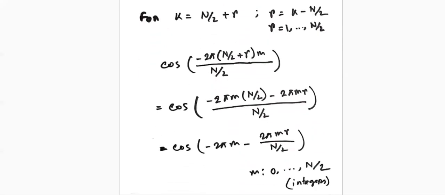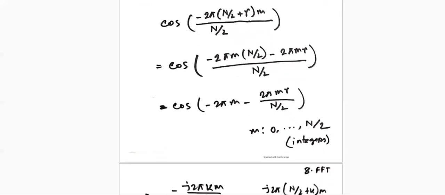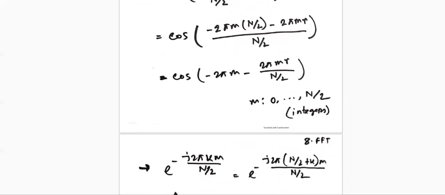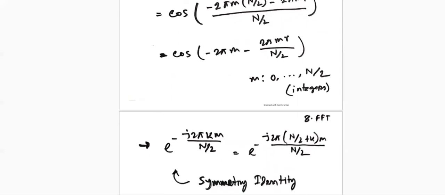After deriving the things, just go through the derivation. It's very simple. We have found this, and from there, since m is an integer, this is always an integer, and the range is from 0 to n by 2 or n by 2 minus 1.